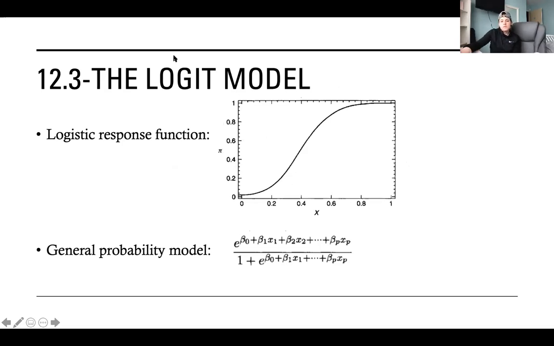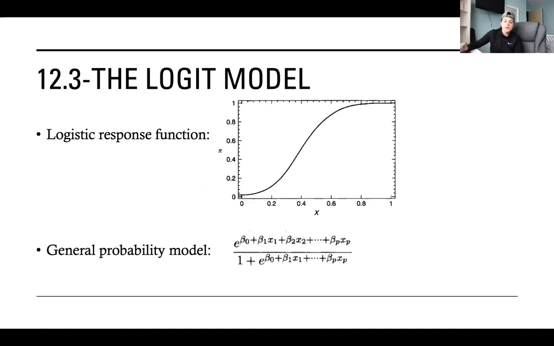This model represents an S-shape, with the probability increasing slowly at first with the increase in x, then increasing aggressively, and then it stabilizes at the top as we get closer to 1. This can be represented by the formula on the screen right here. This is our general probability model.